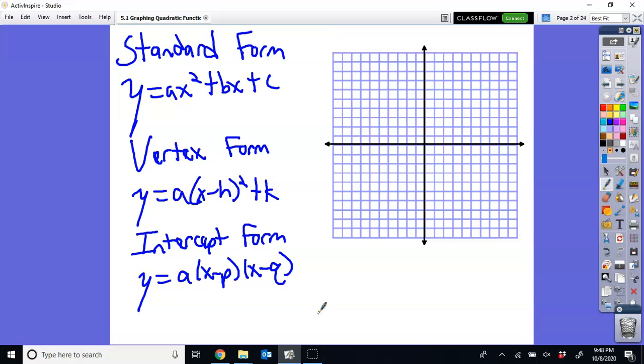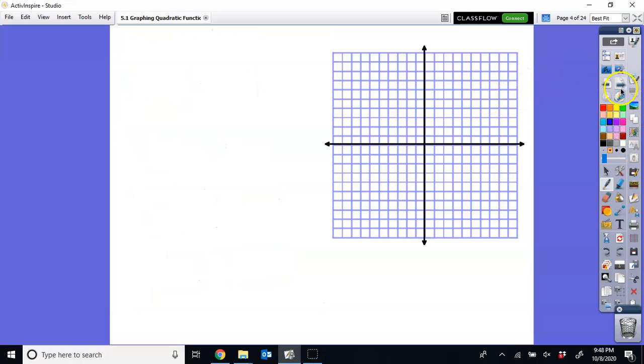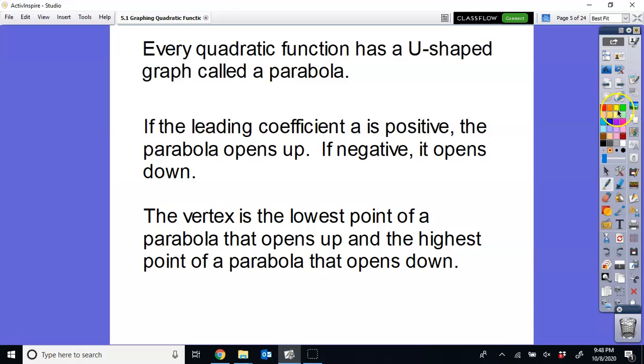So these graphs, like we said last time in class, also, an important thing to remember is they make a U-shaped graph that's called a parabola. Remember, this U-shaped graph has a very, very important point right here and right here, because these graphs can open up or they can open down depending upon the leading coefficient, a.